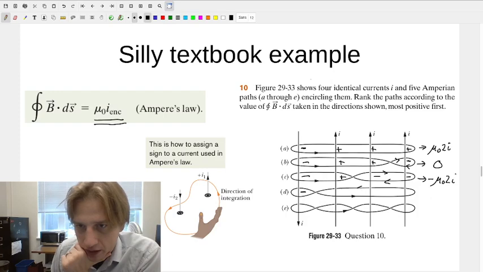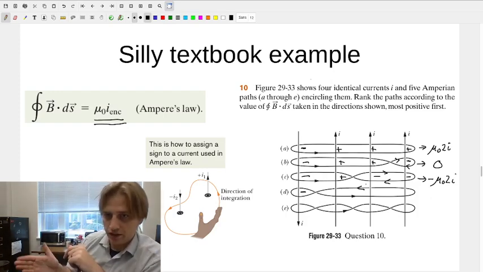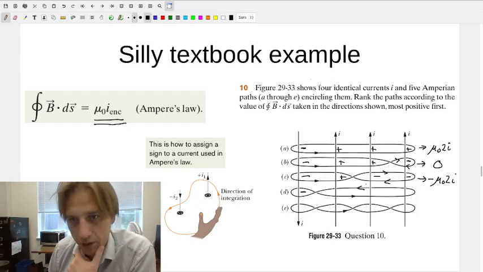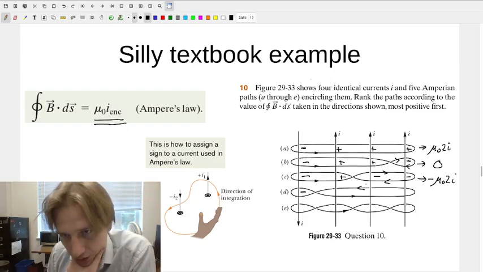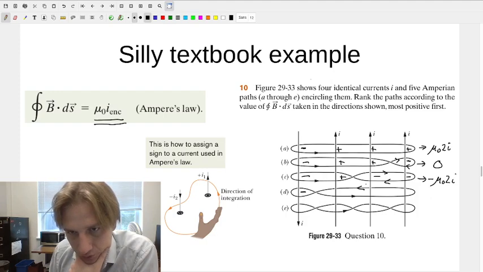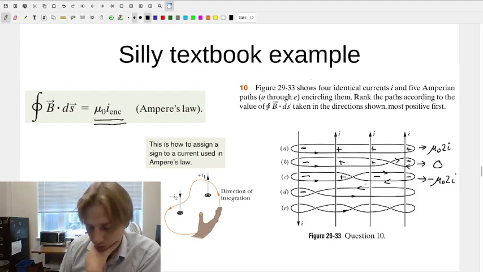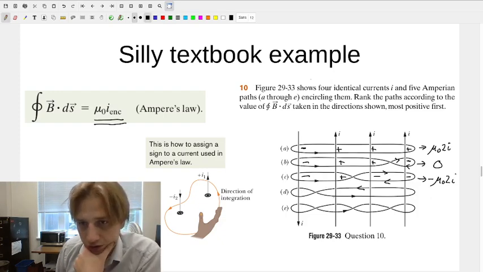And then, if we're looking at this loop here, let me make sure I've got this right. Whoops, I spoke too soon. So if we look here, this would count as a plus, plus, plus.